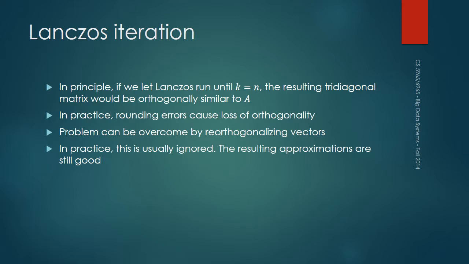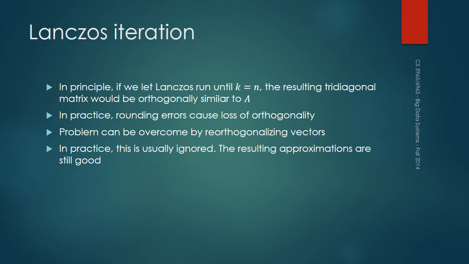Again, this is just the same statement said in a different way: if we let Lanczos run until k equals n, the resulting tridiagonal matrix will be orthogonally similar to A. Of course, we are estimating this, so you could have rounding errors during this process of generating the orthogonal basis, because we are doing it one by one, and all we are doing is numerically enforcing orthogonality to the already discovered basis.